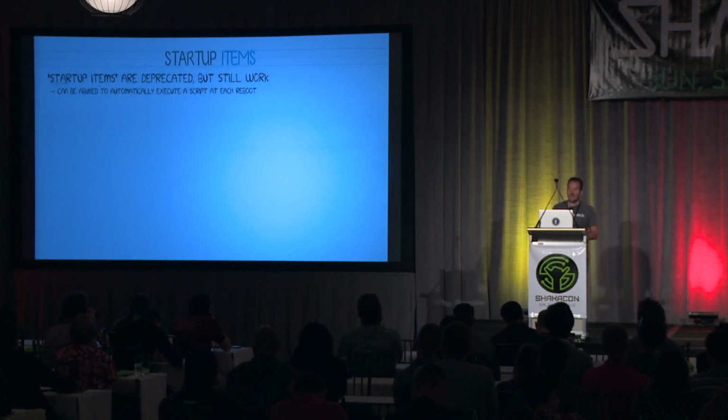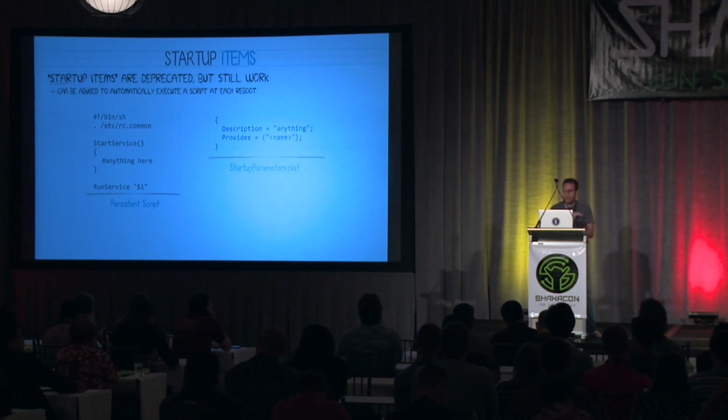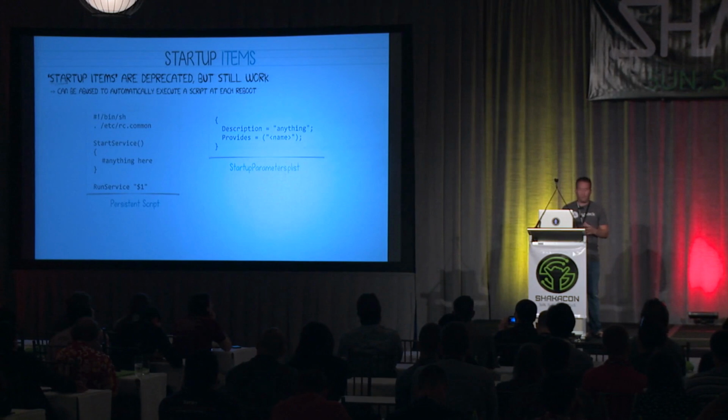Another deprecated technique that still works on Mavericks are startup items. Startup items, again, require several steps. The first is to create a script that contains whatever is to be automatically executed. Then you should create a file that's called StartupParameters.plist. This file should contain a Provides key, and that contains the name of the script that you created in step 1.